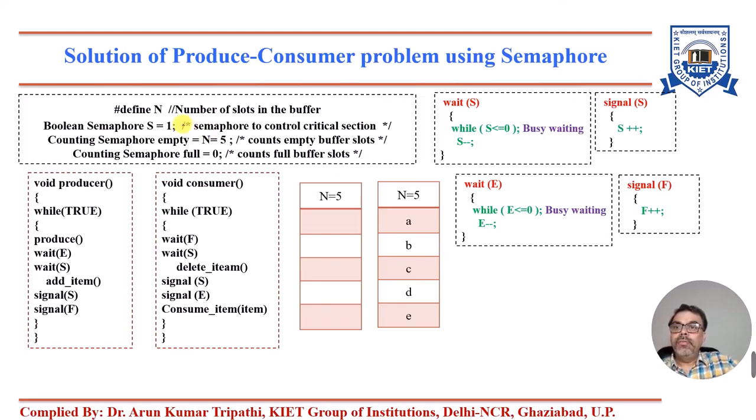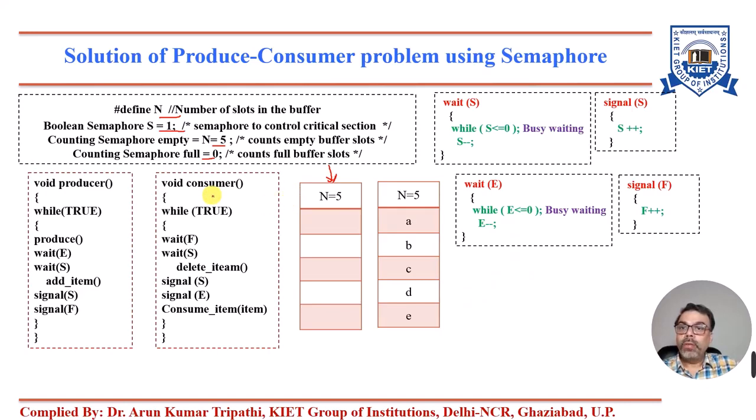Here we have considered N equal to 5, the semaphore value as 1, and full is equal to 0. Now suppose that initially all slots are empty and the consumer wants to consume something. Can it consume? No, because all slots are empty.